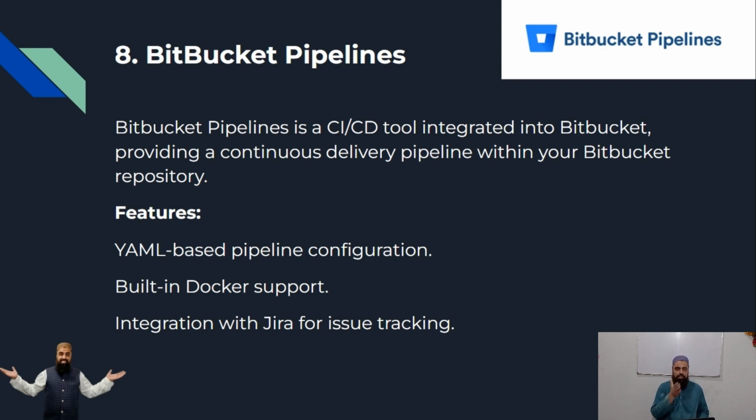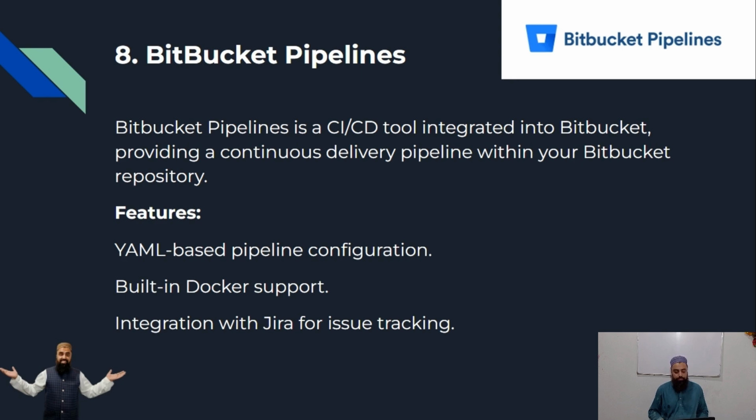So just like GitHub, just like we have GitLab CI/CD, if our code is on Bitbucket, we can use Bitbucket Pipelines to build and deploy our code. It is also a YAML-based pipeline configuration, and it has built-in Docker support, and it is integrated with Jira for issue tracking because it is provided by Atlassian.